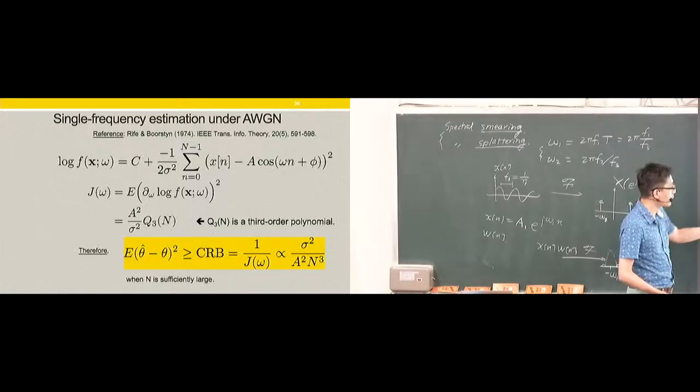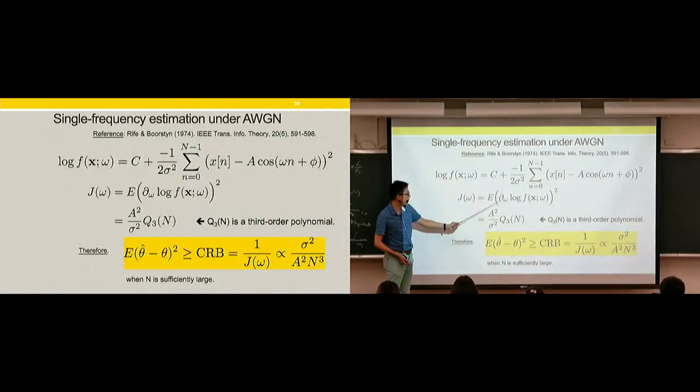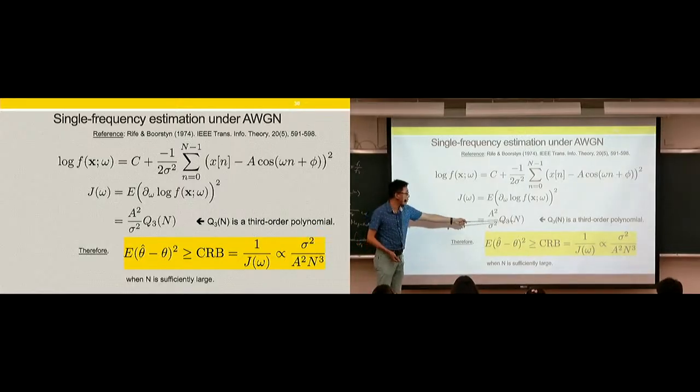Take the log of f, take the expected value of the partial derivative of log f against omega, and so on. J, that's the Fisher information, equals the signal-to-noise ratio times a third-order polynomial of n. What is n? n is the length of your observation.